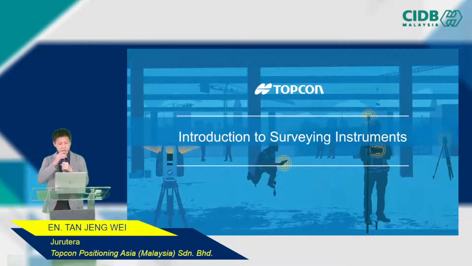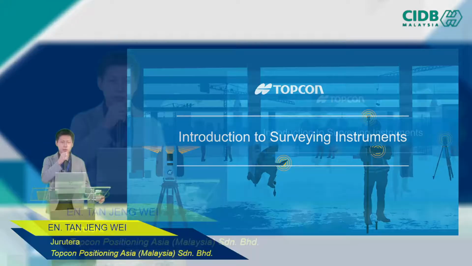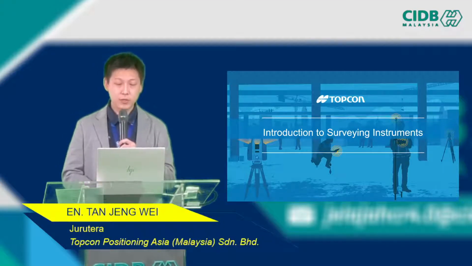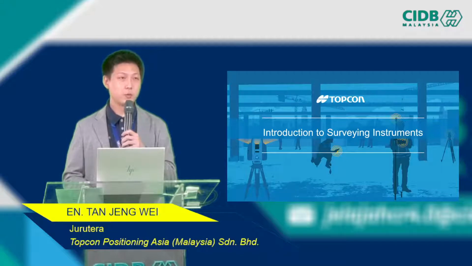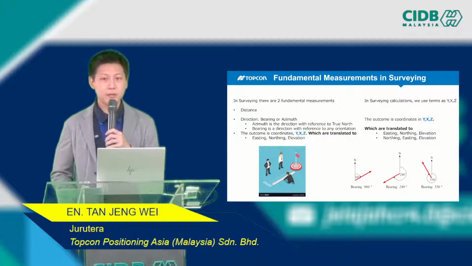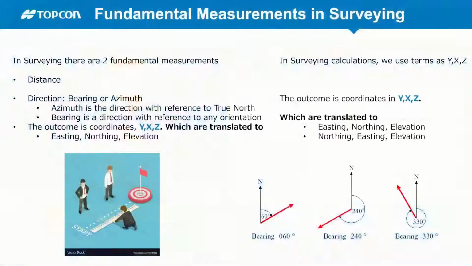Right. So in order to explain the benefit of our latest technology, the 3D laser scanner, let's talk about the evolution of the surveying instrument. In the surveying industry, there are two fundamental measurements. The first one is distance and the second one is direction.